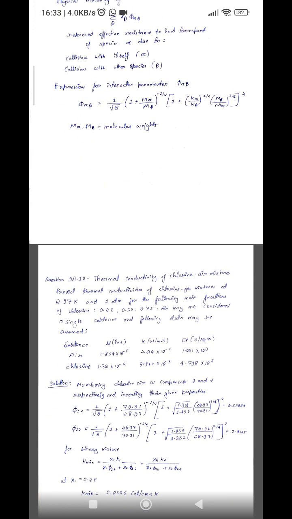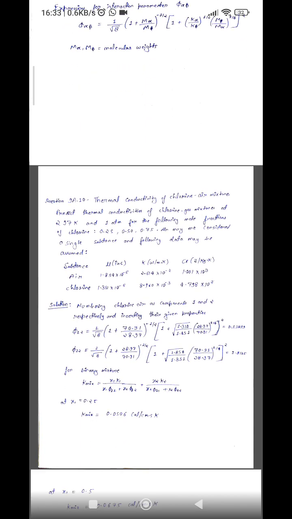Now let's move on and solve a question. We have taken a question from the book BSL, Bird and Stewart. The question says: predict the thermal conductivity of a chlorine-air mixture at 297 Kelvin and 1 atm for the following mole fractions of chlorine and air.